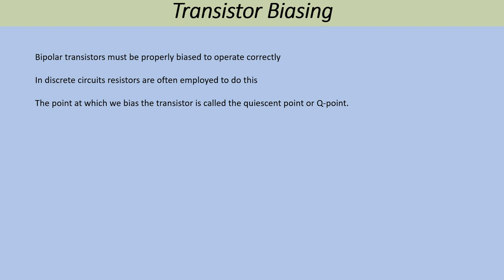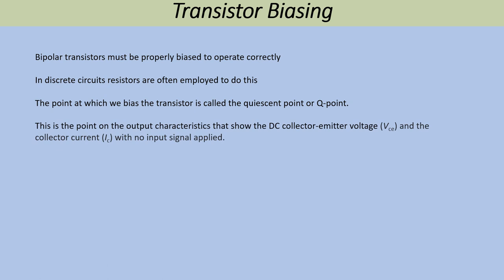The point at which we bias the transistor is called the quiescent point or Q point, and this is the point on the output characteristic that shows the DC collector-emitter voltage VCE and the collector current IC with no input signal applied.